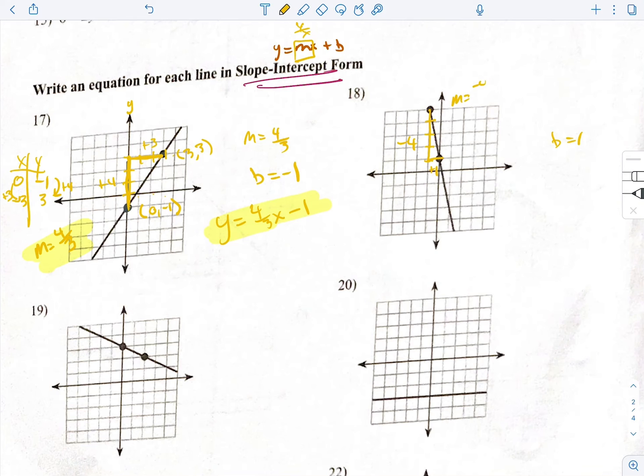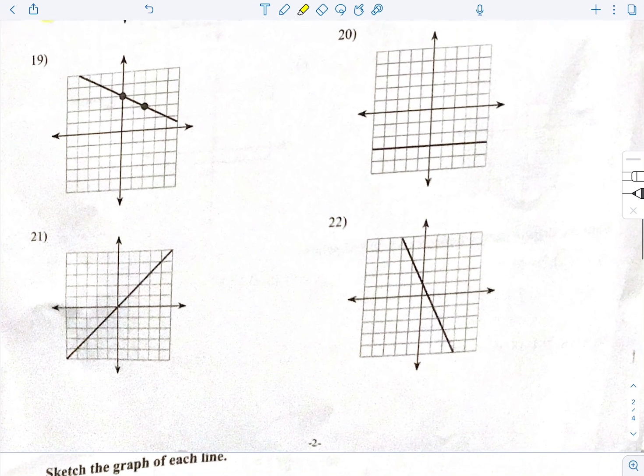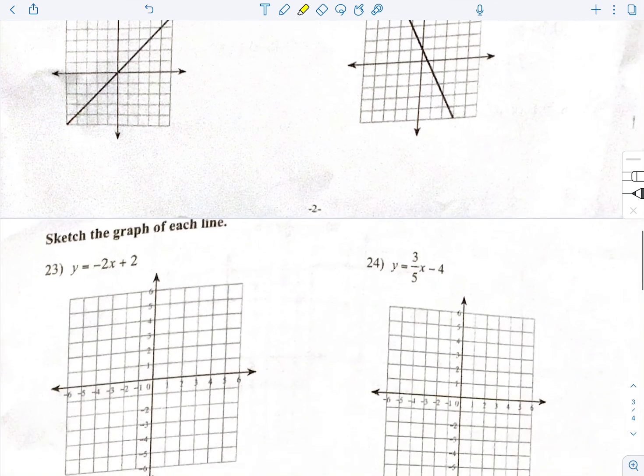So our slope, negative 4 over 1, which is negative 4. So our equation, y equals negative 4x plus 1. Complete the others.